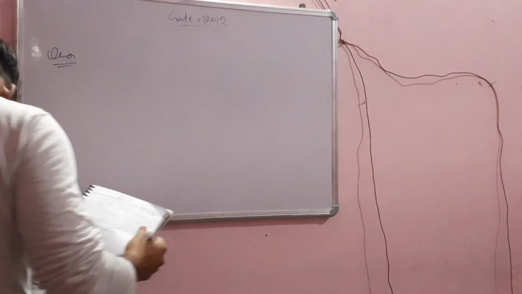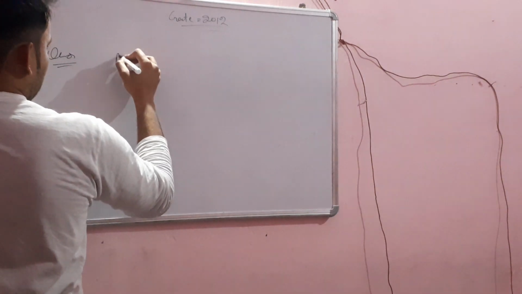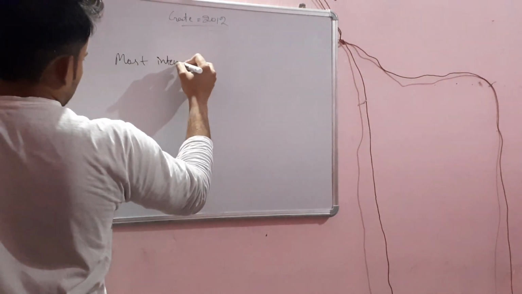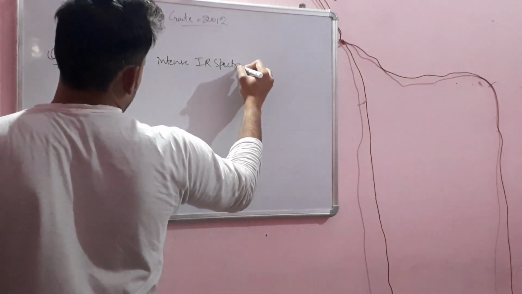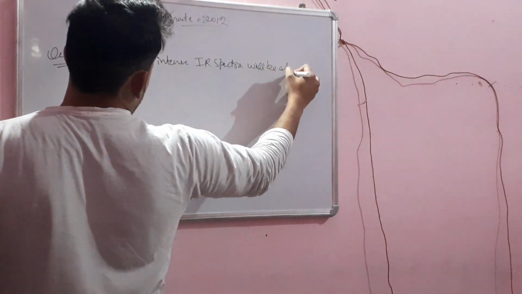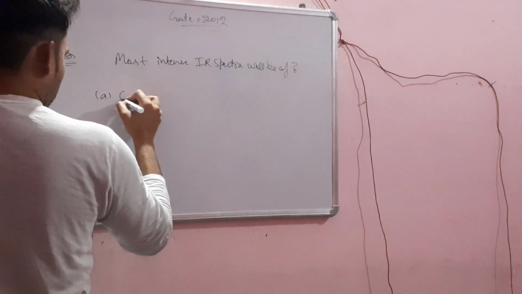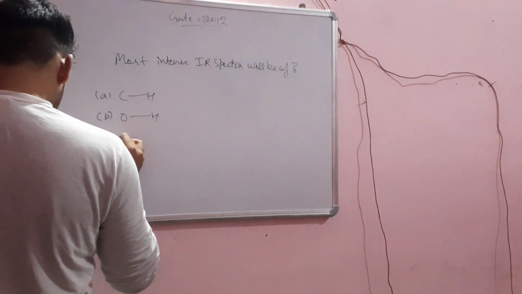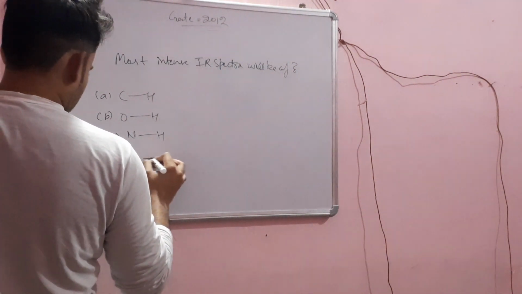What it says is like this: the most intense IR spectra will be of which? You have been given several options: CH, OH, NH, and SH.